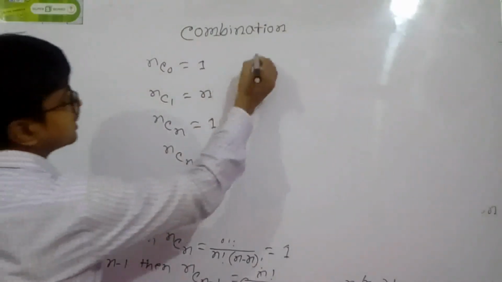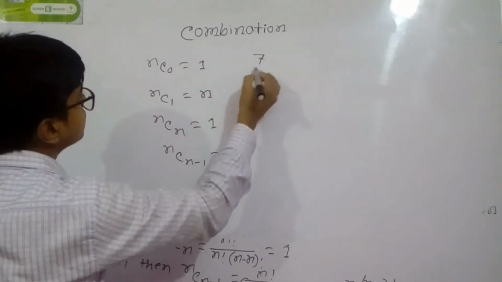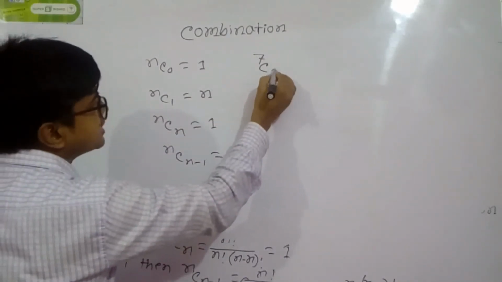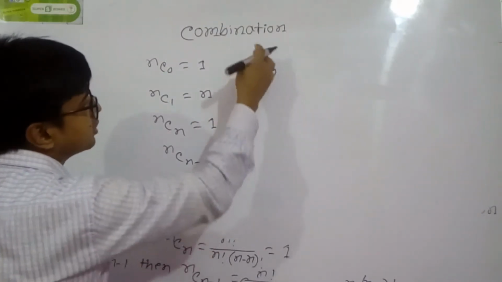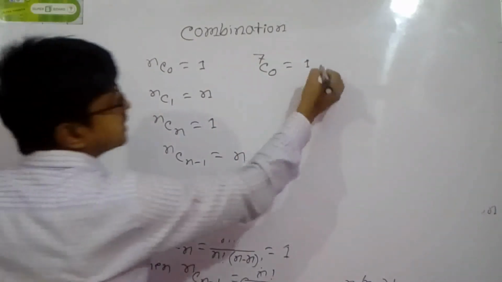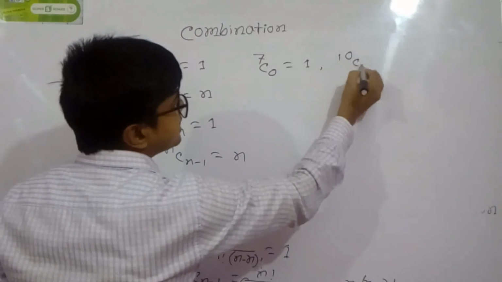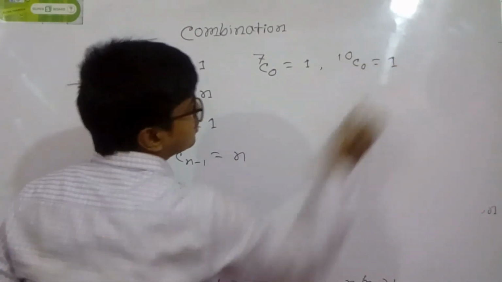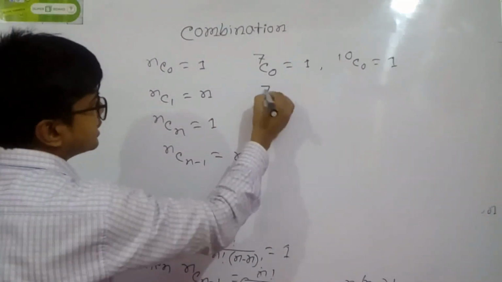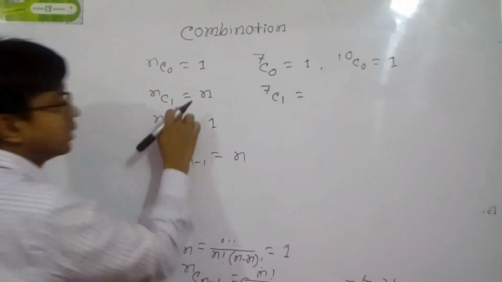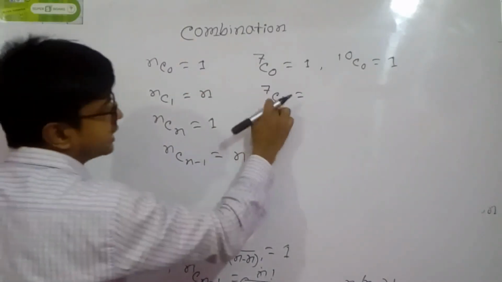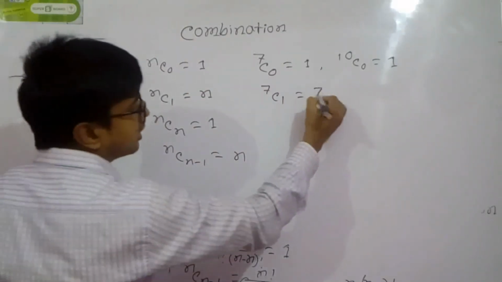Suppose we put n equals 7 or any number, then 7C0 or 8C0 will be 1, same as 10C0 equals 1. For nC1, the answer will be n, so 7C1 is 7.